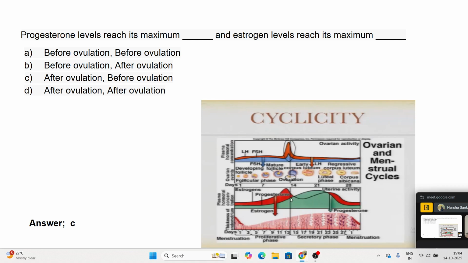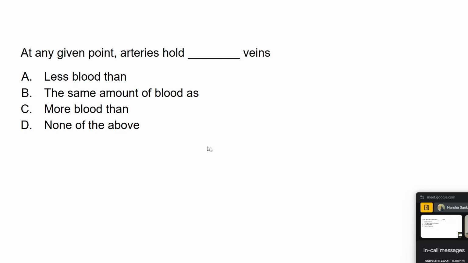Just before the 14th day there is a peak for the red one, which means estrogen peaks before ovulation, and the green one is peaking around the 21st day of the cycle, which is after ovulation. So progesterone peaks after ovulation, but estrogen before ovulation.